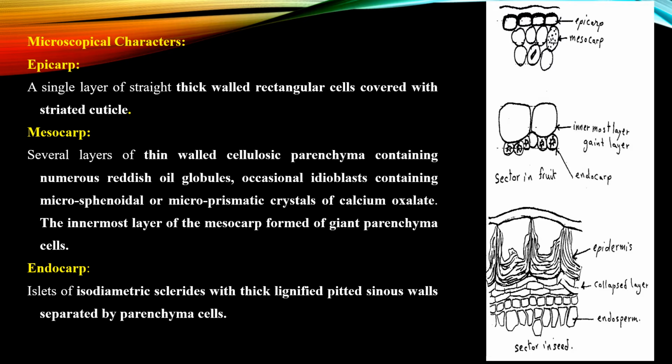Followed by the giant cells, we have a layer of sclerites, or islets of sclerites, with thick lignified walls separated by cells of normal parenchyma, so this is known as sclerite islets.